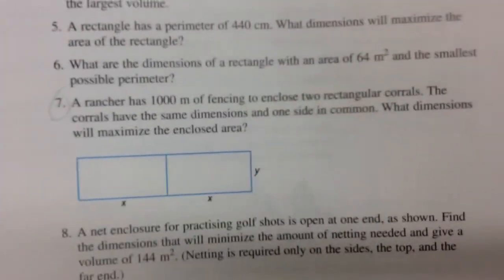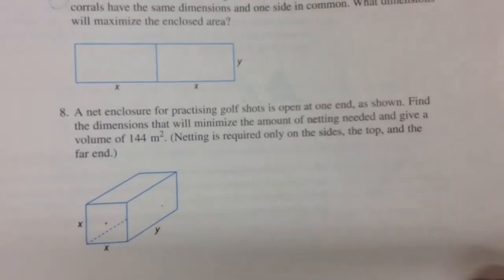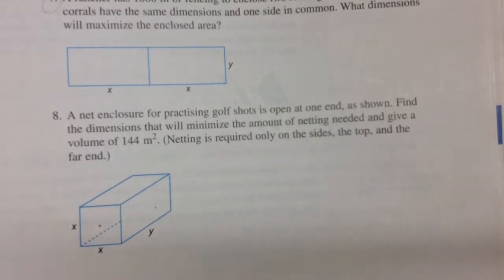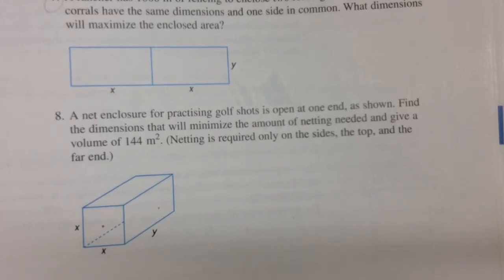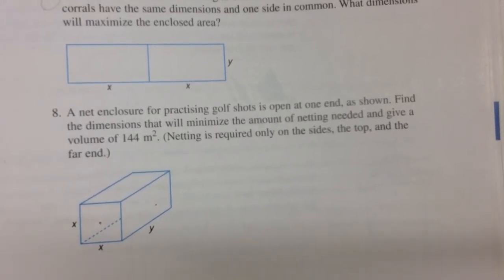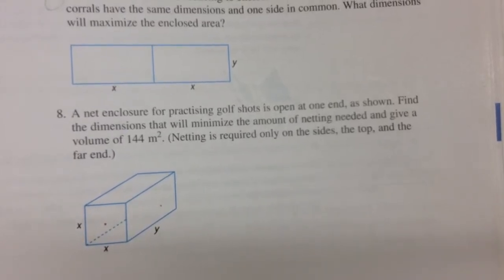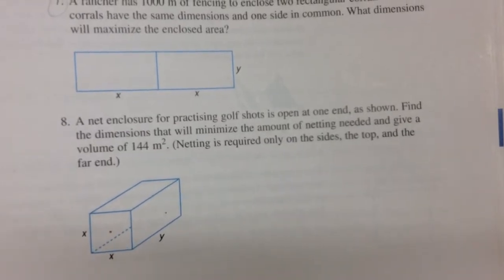For this one, okay, so a net enclosure for practicing golf shots is open in one end and find the dimensions that will minimize the amount of netting needed and given the volume is 144 meters squared.